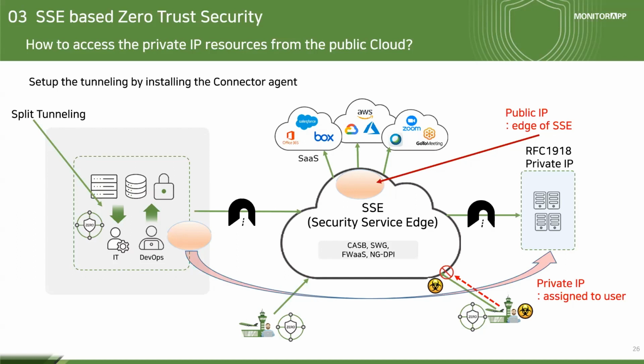Then in the SSE platform, you can set up a detailed access policy through the firewall-as-a-service system. So in this case, if the user accesses the specific application located in the data center, each user can access the directory with the private IP address assigned to the user.